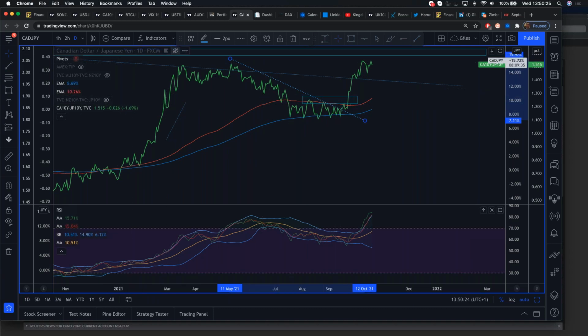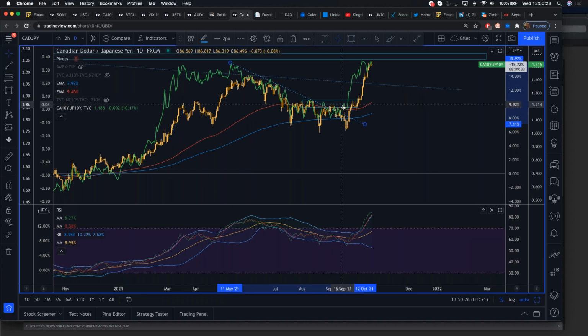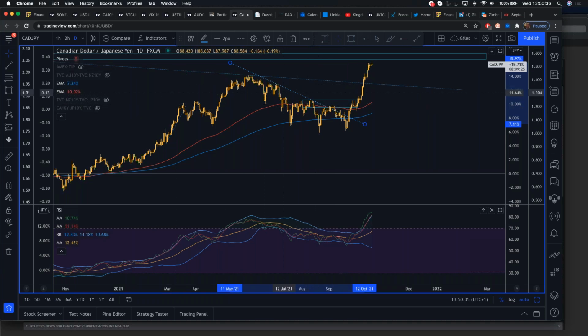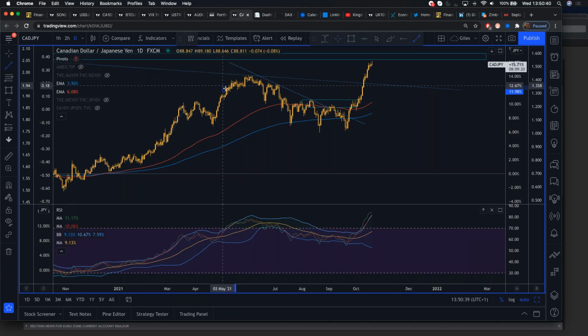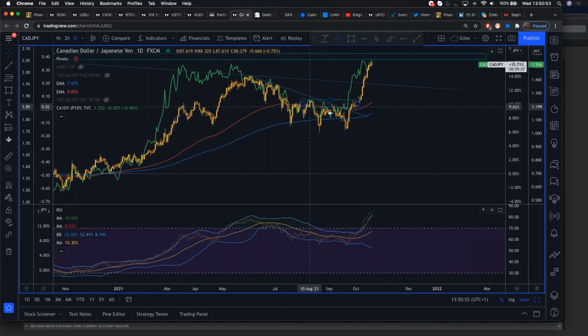Now, if you take a look at the CAD yen chart, you can see that the bond yield spread broke 15th September, but the trend line of the actual CAD yen price didn't break higher till 24th of September. So you see how that bond yield spread break would have given you a 10-day heads up.